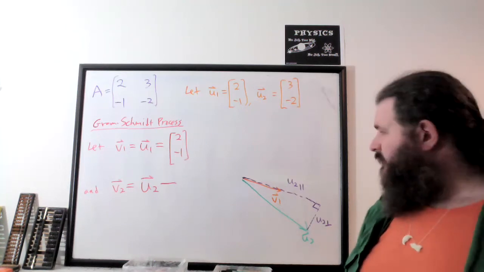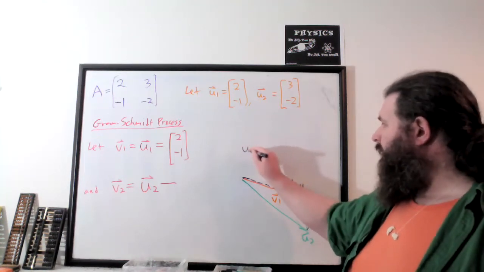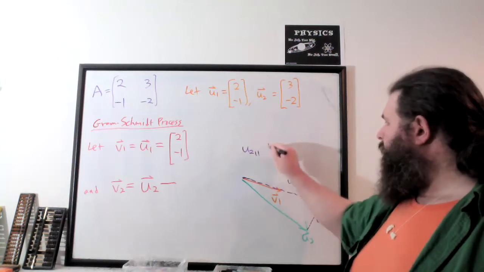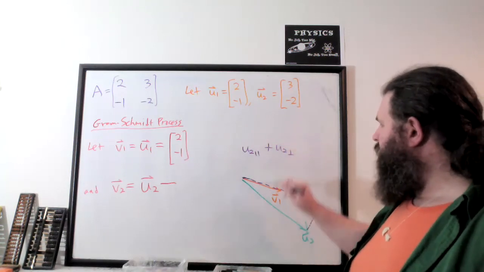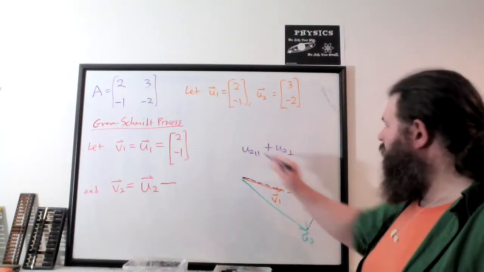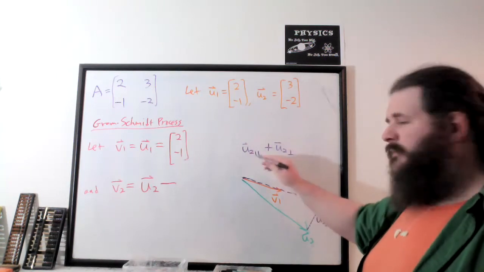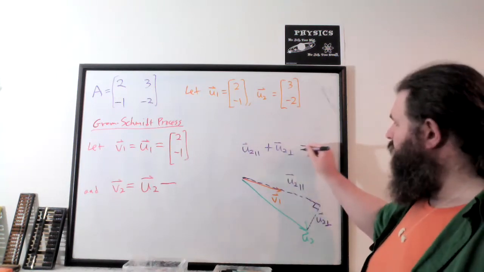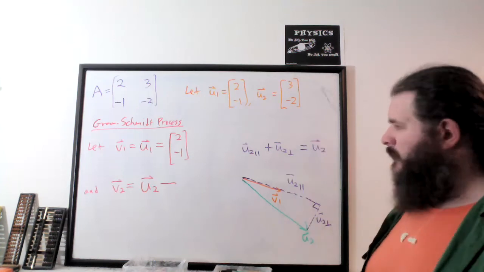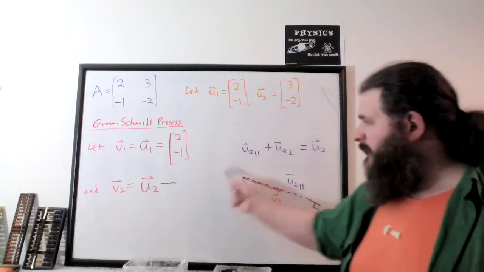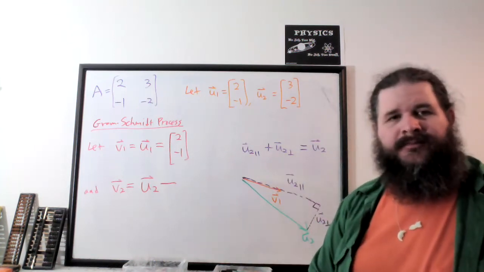And you could think of this as a vector addition thing. You could say U2 parallel plus U2 perpendicular. You can think of those as vectors in their own right. The parallel component plus the perpendicular component is the vector itself. But what's the only piece of this we actually want to keep for V2?